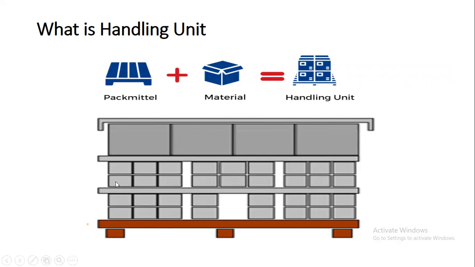Here also, if you see in these examples, we have used this wooden plate or a plastic plate to keep the materials in a nice manner, right? So the materials will not be damaged. At the same time, we are managing well.